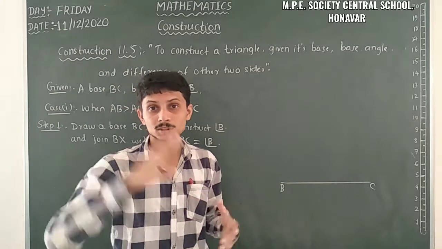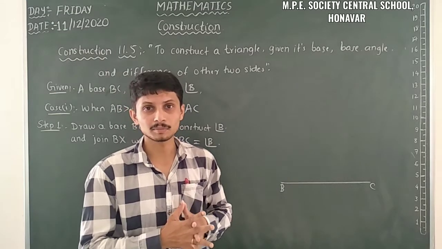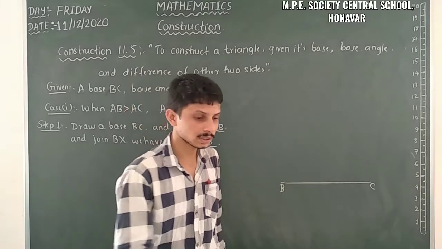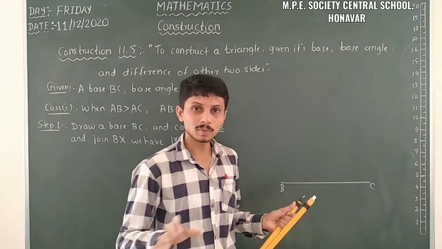It needs some more space. So that's why I am taking less than 60 degrees as the value of angle B. Okay, so let's take that one.